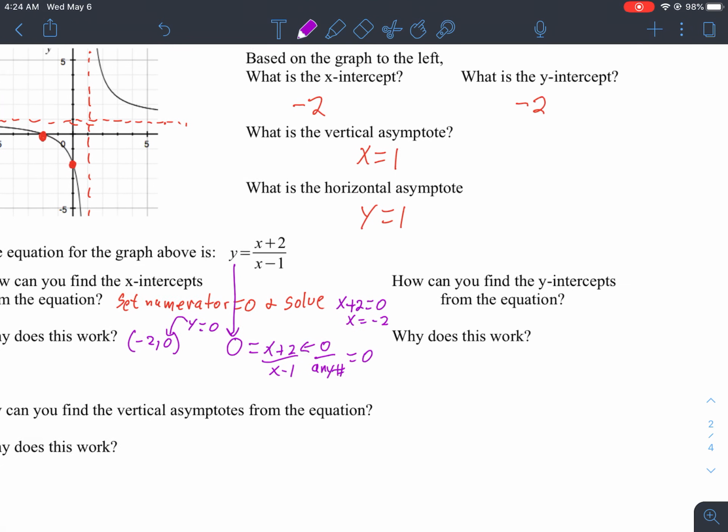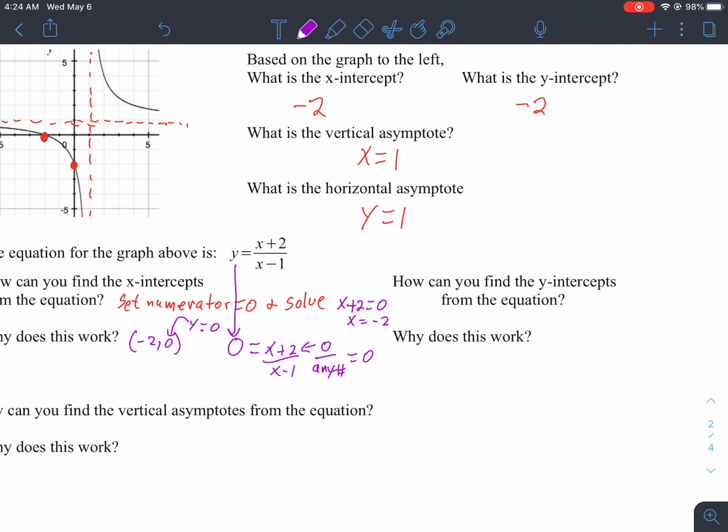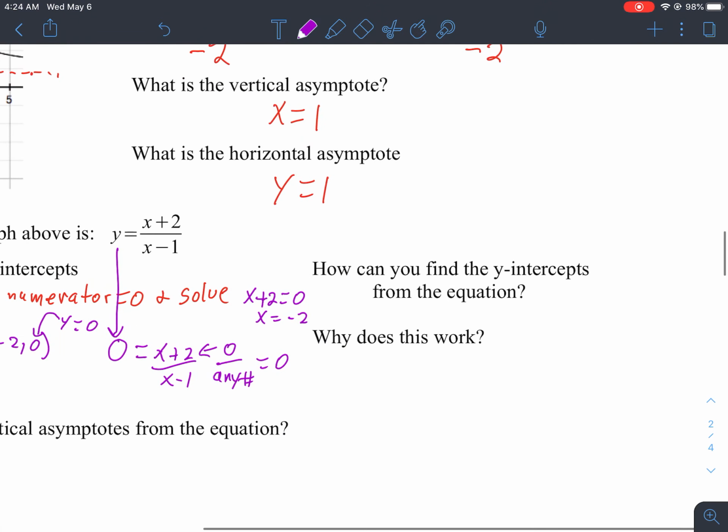How can you find a y-intercept from the equation? You can substitute 0 for all the x's and reduce.